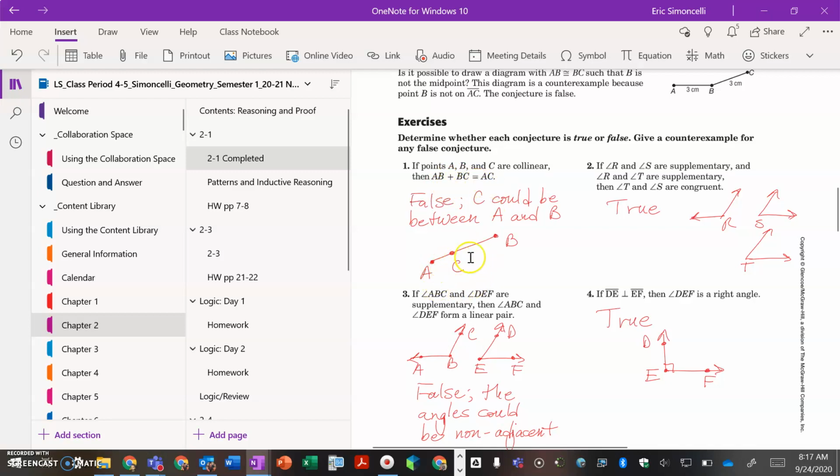Well, here's AB, here's BC, and just by that fact alone, well, this segment must be, the way I've drawn it, equal to AC plus BC. In other words, C, because it's in between these two, doesn't allow you to look at this equation and suggest that AC is equal to AB plus BC.